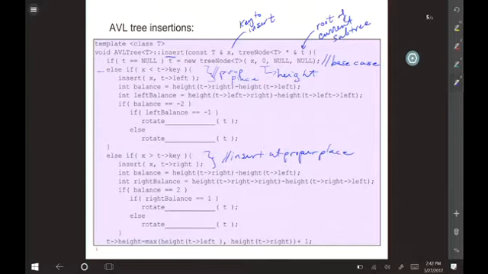All right, now I computed two things that I know will be important to me. I'm going to need the balance of the current subtree so that I can detect whether there's an imbalance. And moreover, I know that I'm going to need the balance of the left subtree.